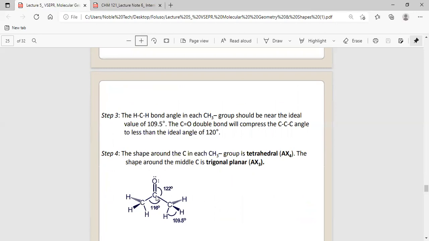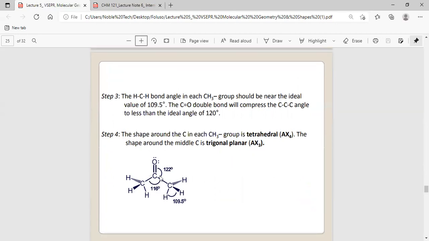But this center one, because it is an sp2 hybridization, will be trigonal planar, and it should have 120, 120 as the bond angle. But because of the repulsion as a result of this double bond, this becomes 122, then there'll be 122 here. To make it 360, you then have 116.